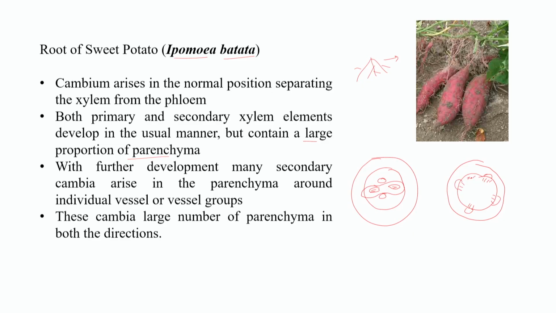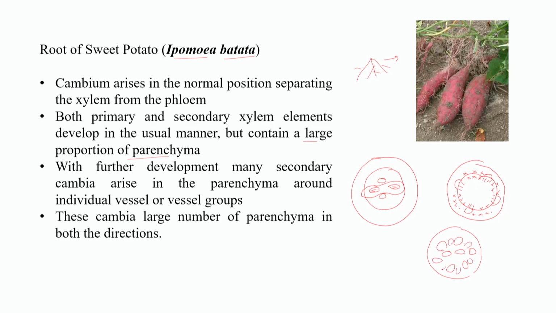But a large proportion is still parenchyma. So in this case also you will have rings of vascular bundles, but in those cases more parenchymatous tissue will definitely be there in that ring.